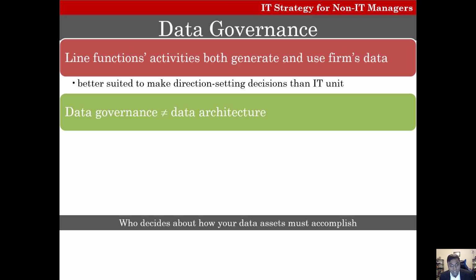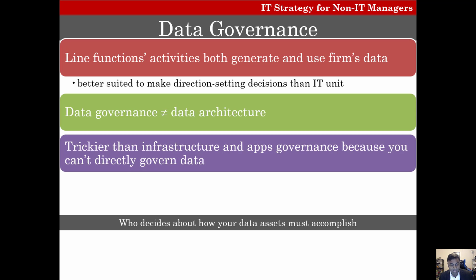Data governance is not data architecture. Data governance is trickier than infrastructure and application governance because you cannot directly govern data. Rather, line functions' preferences about data influence how the IT unit executes the other classes of IT governance.